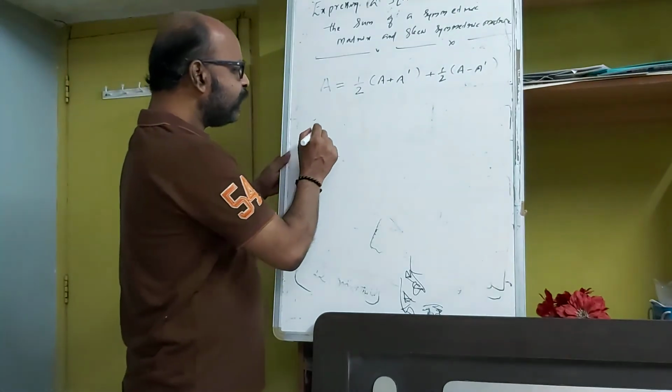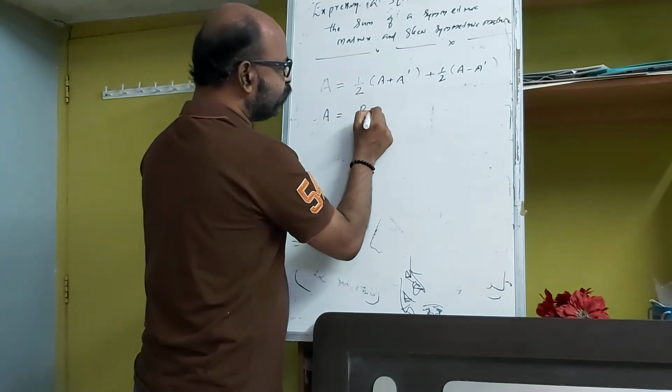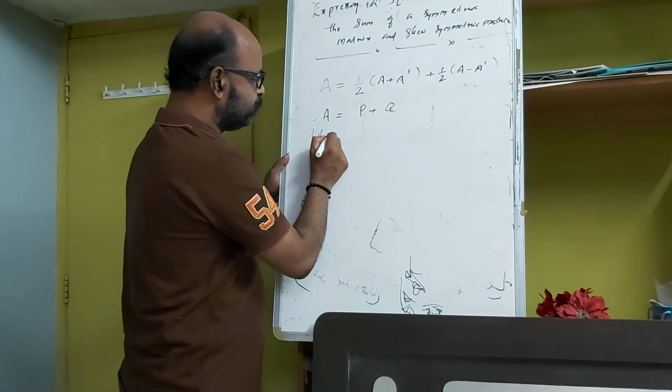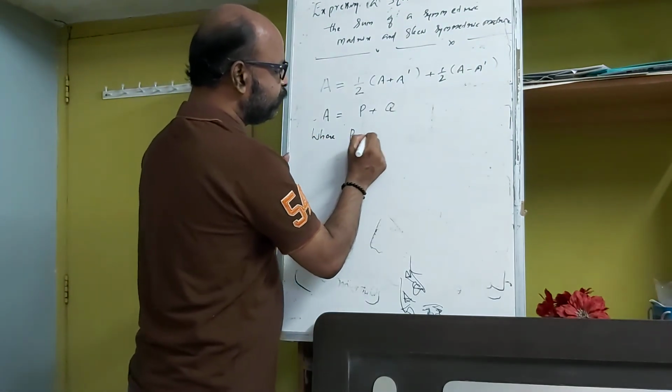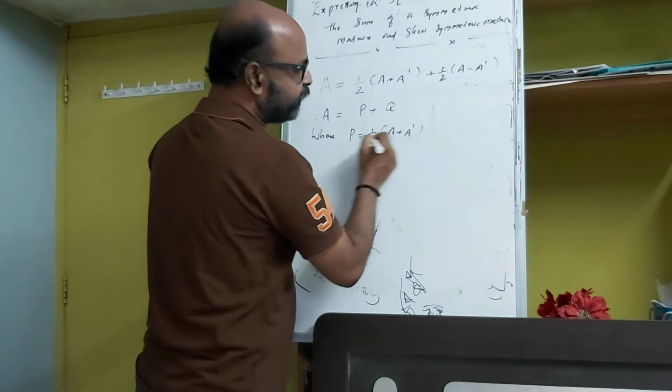Sometimes for convenience we write A equal to P plus Q, where P is equal to half into (A plus A transpose).